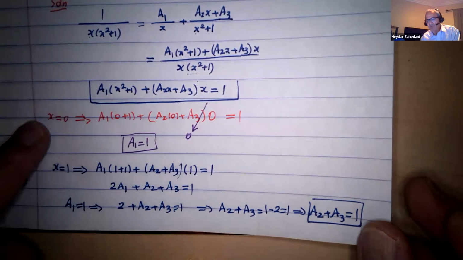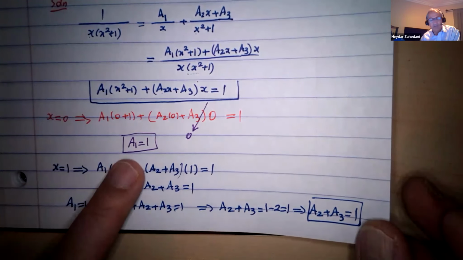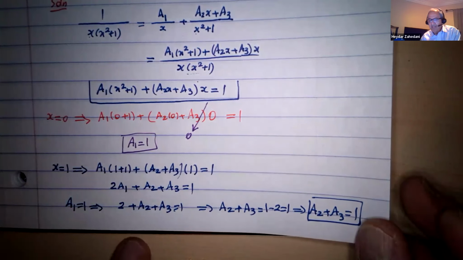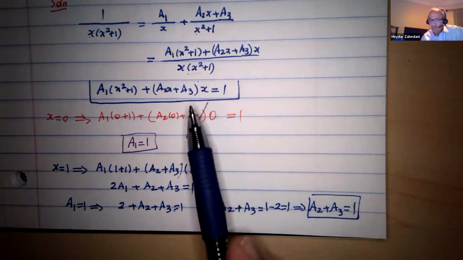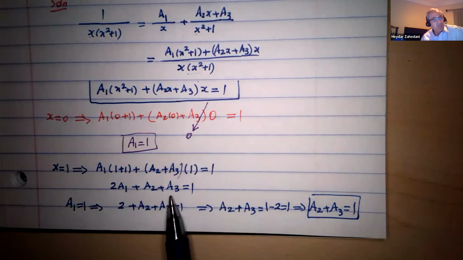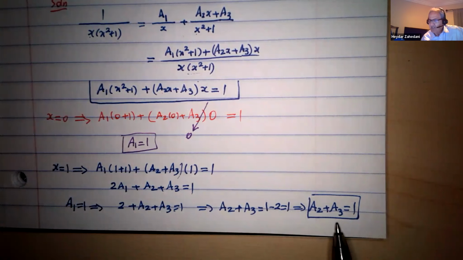So x equal to 0 will give you one of them right away, A1. But you need 2 more numbers. So I'm going to pick x equal to 1 and x equal to -1. So I put x equal to 1, I simplify it. You're not going to get anything quickly because there is going to be a relationship between these 3. So you put A1 equal to 1, and so far you have A2 plus A3 equal to -1.